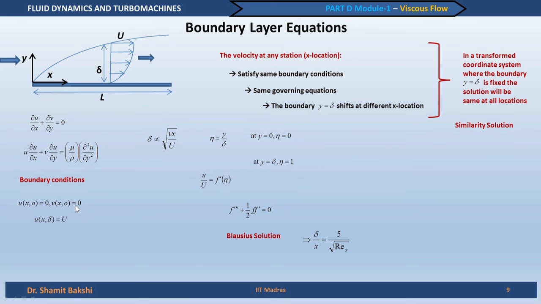So, this brings us to the end of the second lecture of the fourth week of this course. In this lecture we looked at how to deal with the flow over a flat plate using a differential approach, that means starting from the Navier-Stokes equation, and how to reduce the Navier-Stokes equation by non-dimensionalizing the equation.